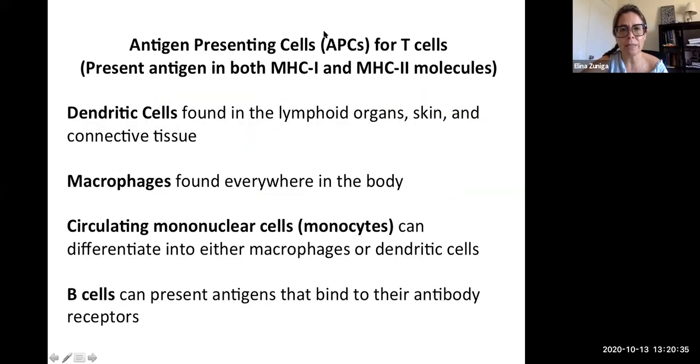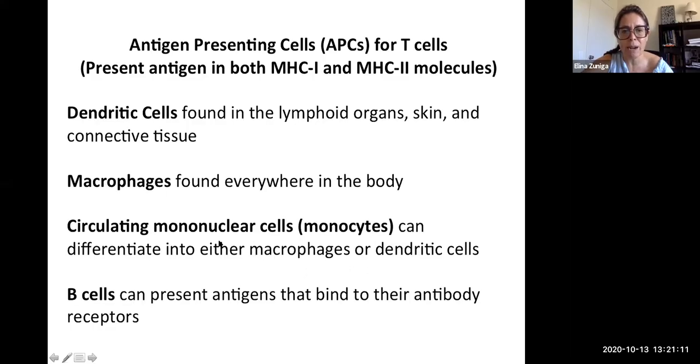And so the antigen-presenting cells, or APCs, are listed here. We have dendritic cells, and we will see they are found in lymphoid organs, and we will learn more about where they are and how they traffic. They are in the tissues as well, in connective tissues and in the skin. The macrophages are everywhere in our body. So in all our tissues, we have macrophages. The monocytes are the circulating precursors of macrophages, and they can also differentiate into dendritic cells.